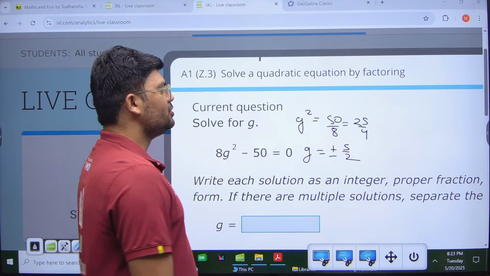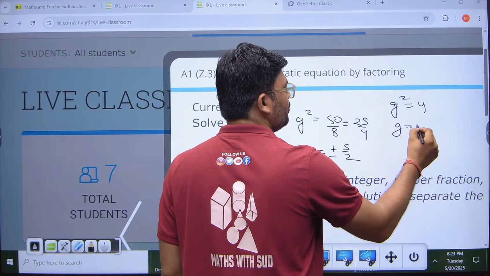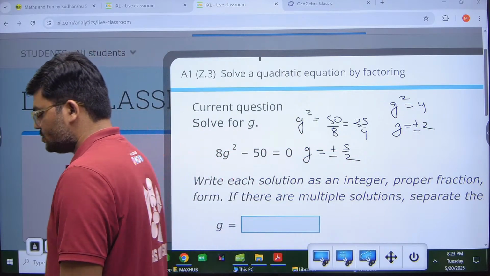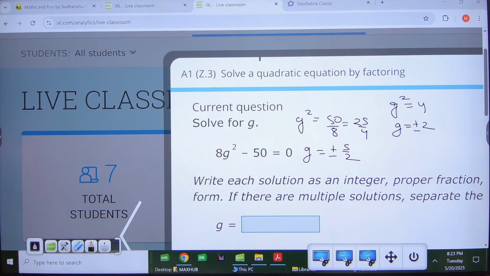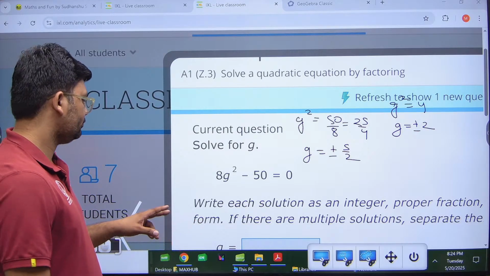So if you have a question like g square is equal to 4, don't ever write g is equal to 2. g is equal to plus minus 2, because both are solutions. So minus 5 by 2 comma plus 5 by 2. You have to use the comma.